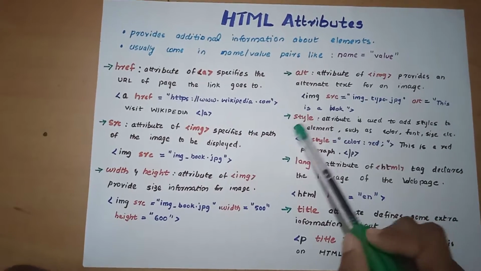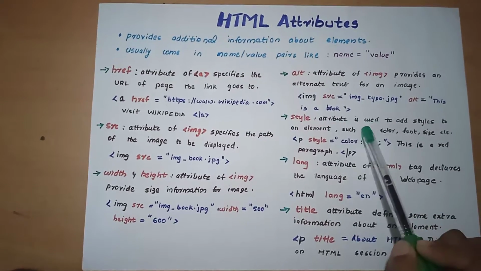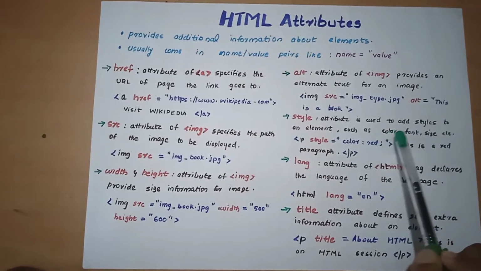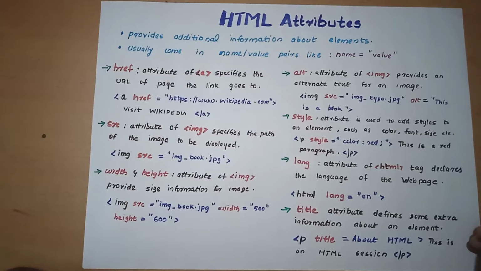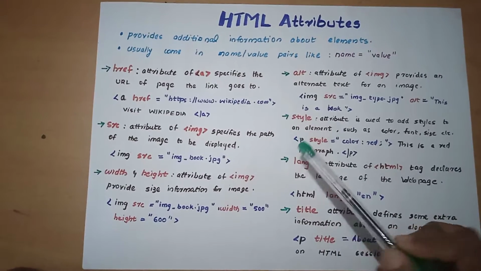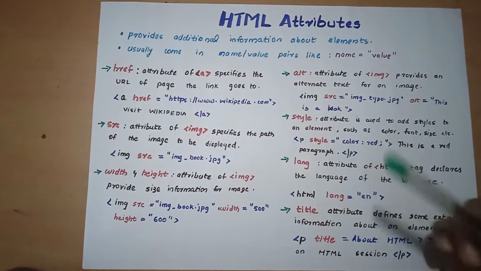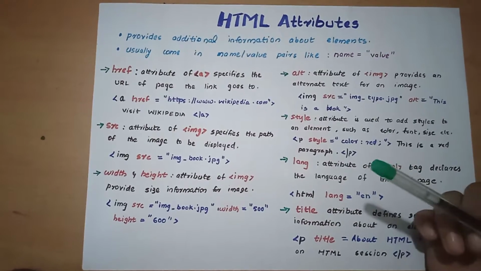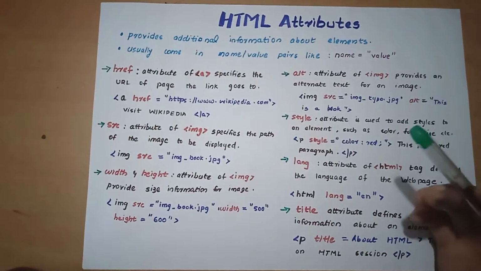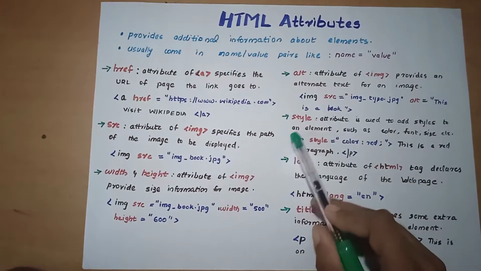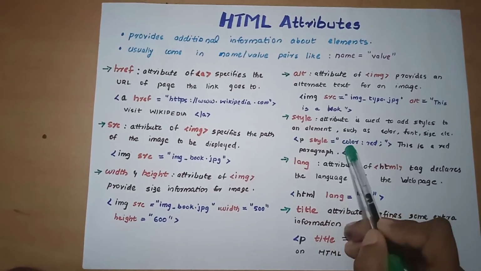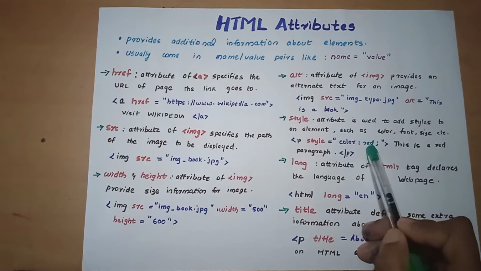Okay, so the next one is style. It is an attribute used to add style to an element, such as color, font, size, etc. This is how it is written. Normally we use everything in paragraph text, so we can easily write and express the styles in this paragraph tag. We used a paragraph tag here, and inside it the attribute is style with the value color is red.